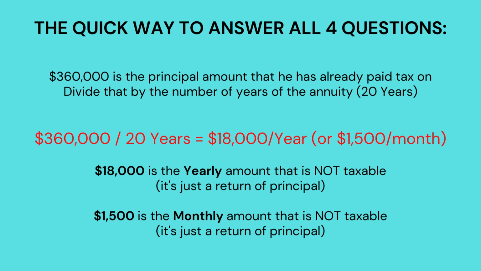And that would simply be $1,500 a month. So $18,000 is the yearly amount that is not taxable, because remember, that's just the return of principal. He's already paid taxes on it. And if you looked at it monthly, it would be $1,500 a month that is not taxable, and that is simply the return of the principal.